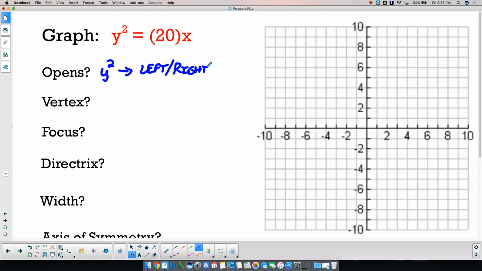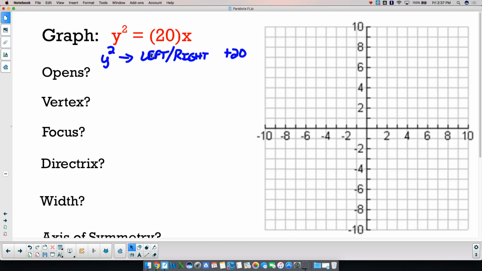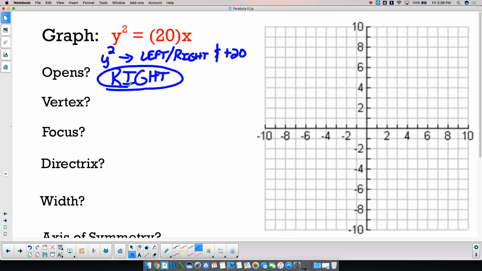The positive 20 part tells me that it opens to the right. Okay? So that tells me that it opens to the right. That's going to come into play in these next few.